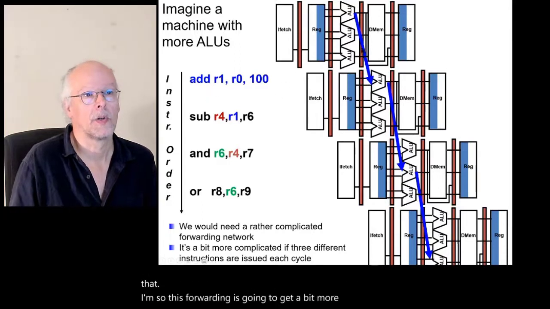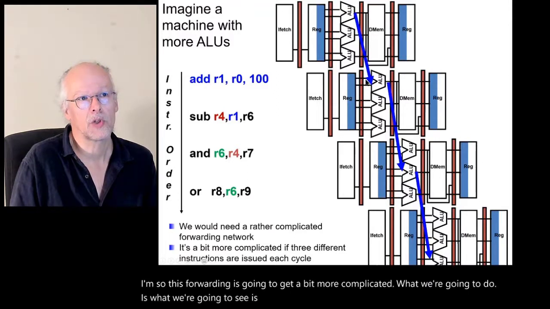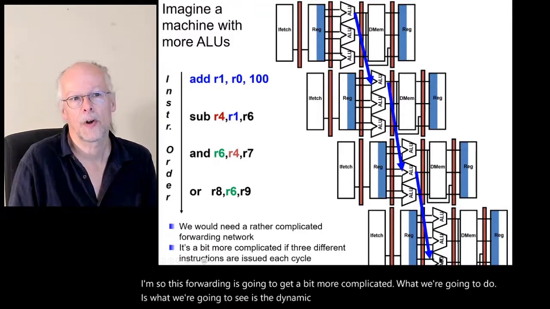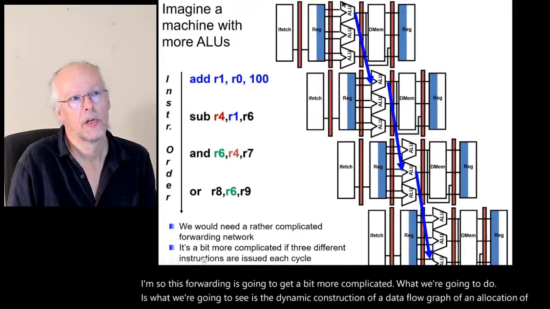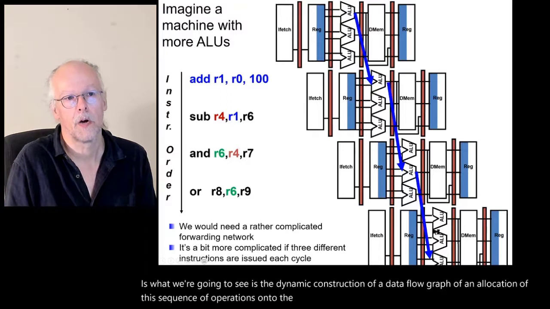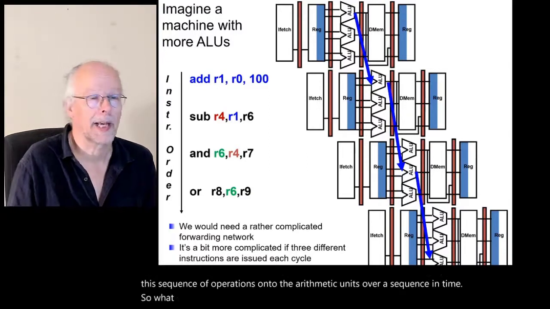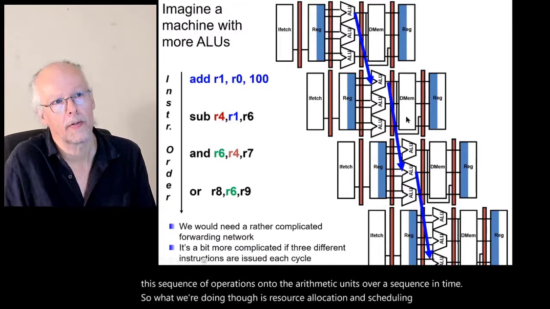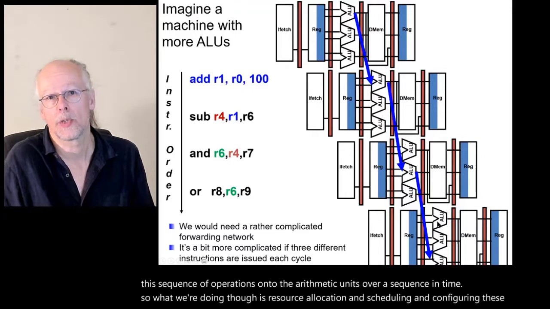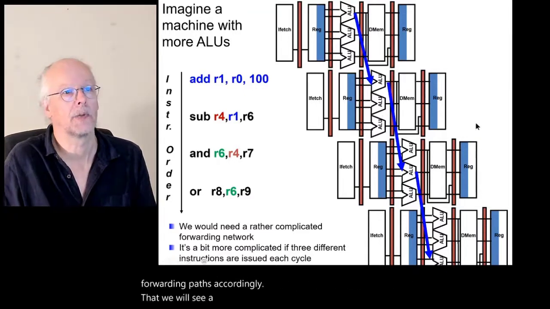What we're going to see is the dynamic construction of a data flow graph, of an allocation of this sequence of operations onto the arithmetic units over a sequence in time. So what we're doing there is resource allocation and scheduling, and configuring these forwarding paths accordingly. That we will see a lot more of later in this course.